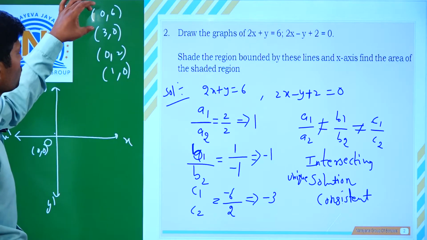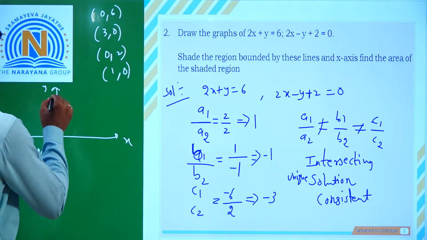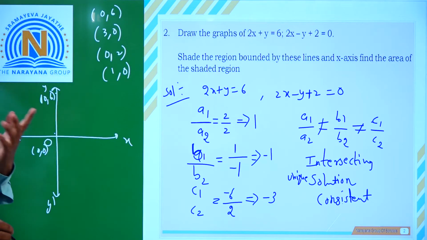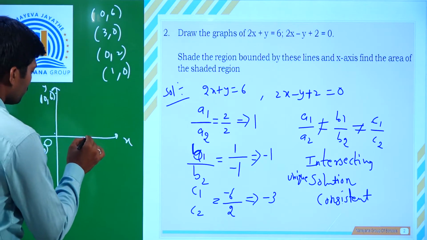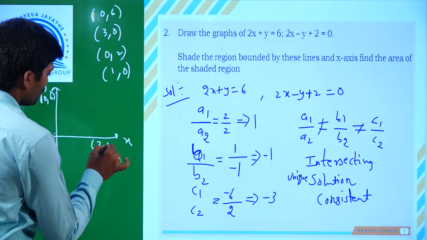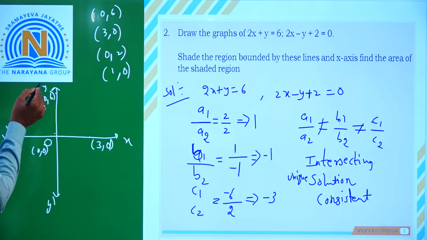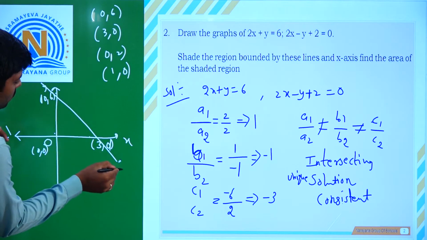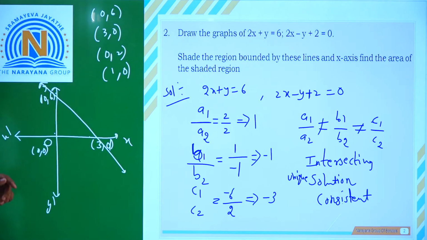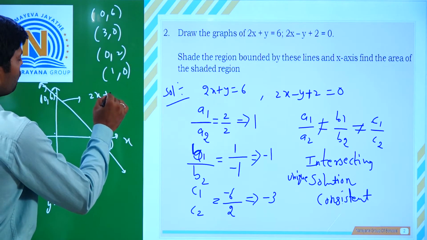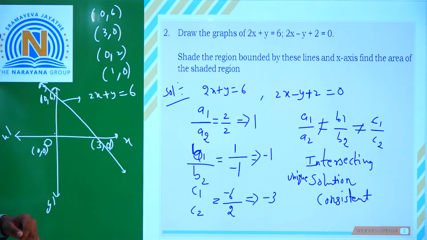Locate the first 2 points: 0, 6 on the y axis, and 3, 0 on the x axis. Now join these 2 points with a line. This line is 2x plus y is equal to 6.